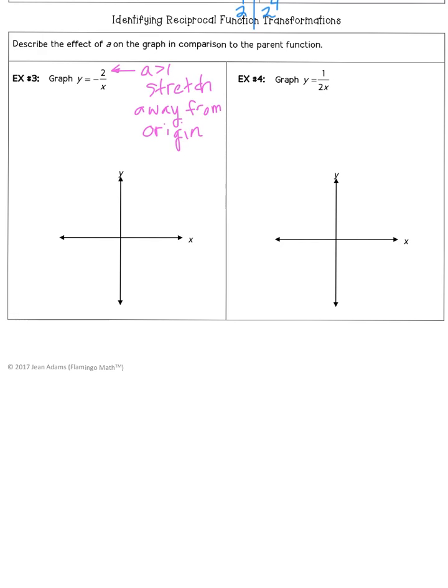All right, then with the negative right here, so with that negative, it is going to reflect over the x-axis. So what does that look like? So if I had the original branch was here, so if it reflects over the x-axis, it's going to reflect here.